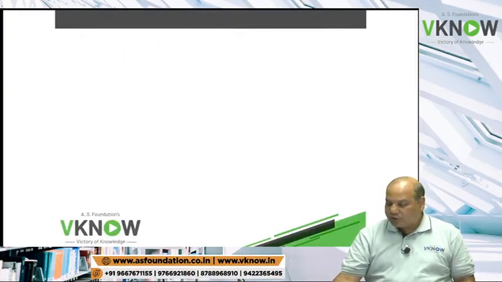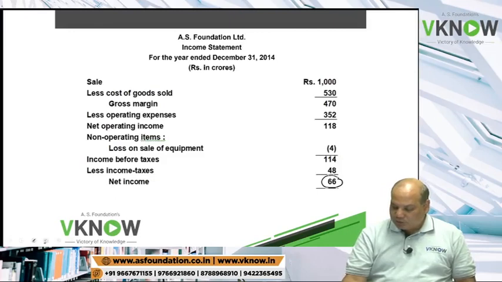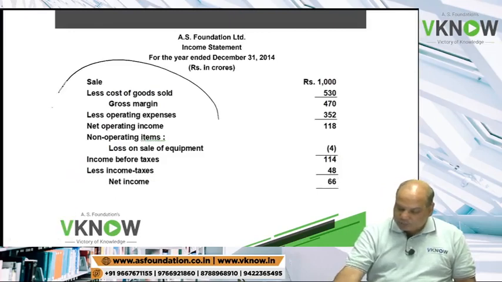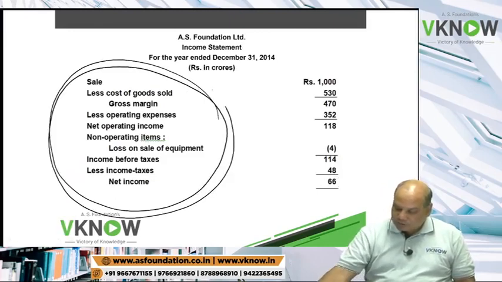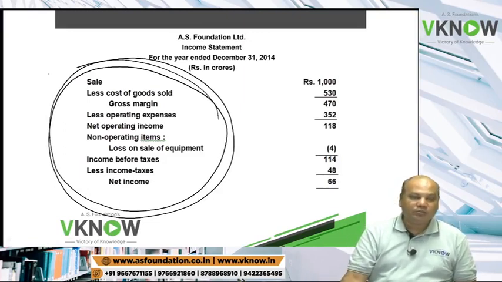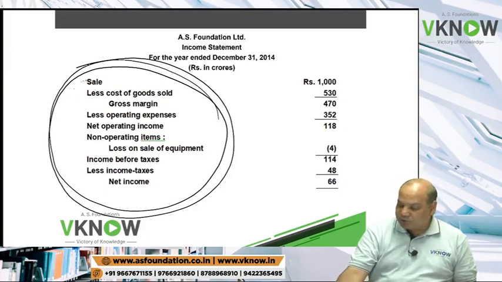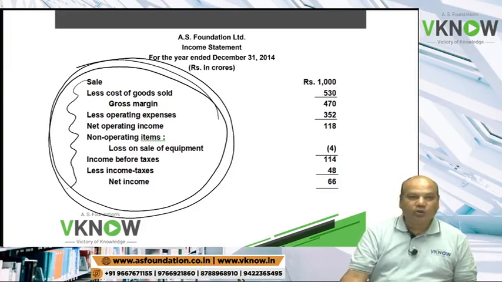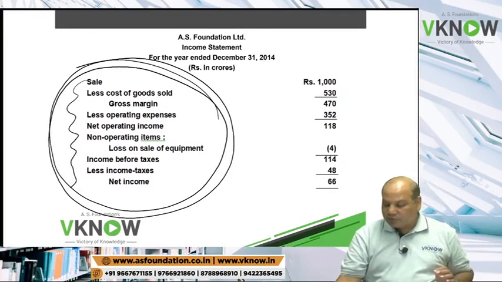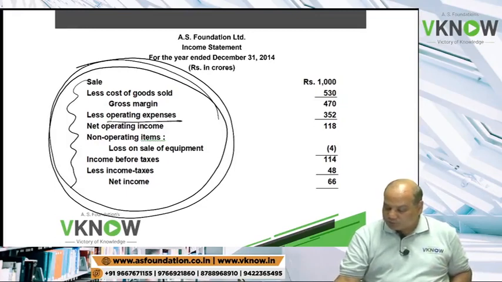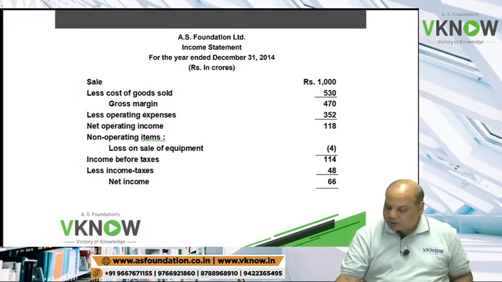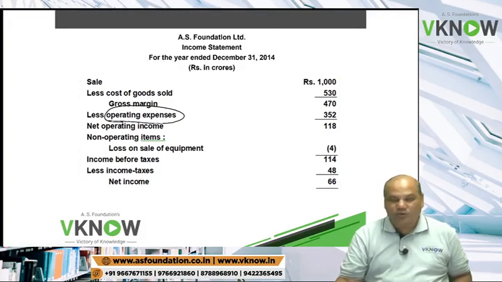Now the student has an interesting query: in the P&L account depreciation is not appearing, so how can you add it back? Nowhere in this P&L account is depreciation mentioned. However, one has to assume that depreciation is included in operating expenses, because this head will include many expenses.